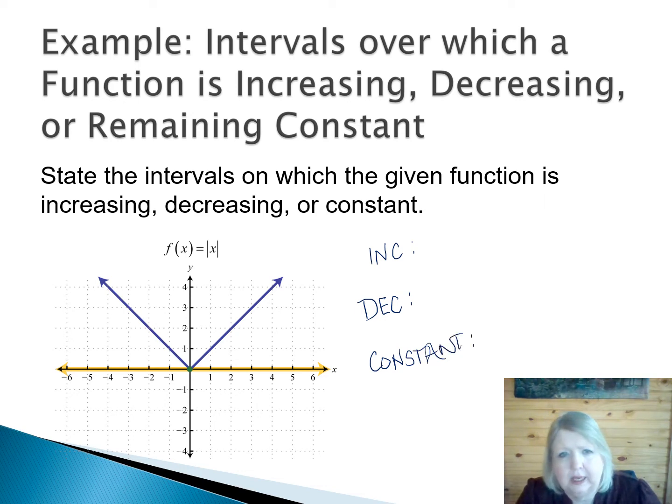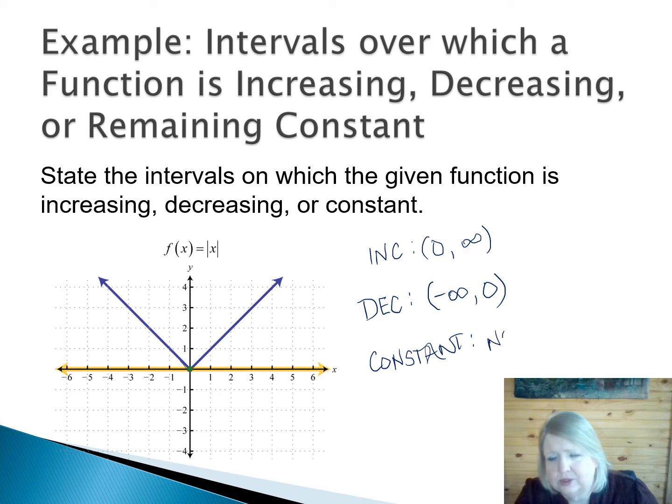So if I get all the way to the left of this, I am moving downhill. So that is a decreasing function until I hit 0. So from the arrow on the left, which represents -infinity, up to 0, I'm moving downhill. But at 0 and all the way to the arrow on the right, I'm moving uphill. And there is no interval over which the graph remains constant.